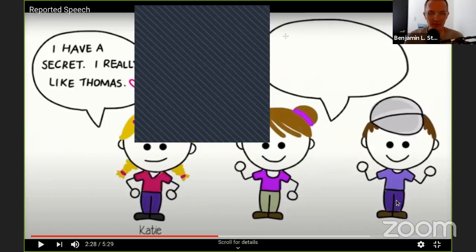And maybe this is even Thomas, right? Let's pretend that this is Thomas over here on the right. I don't know if you can see my cursor, probably not. But the person all the way to the right, let's assume that's Thomas. And this girl here in the middle is Katie's friend. And this girl in the middle likes to gossip, so she's going to tell Thomas. So what do you think? How is she going to tell Thomas?